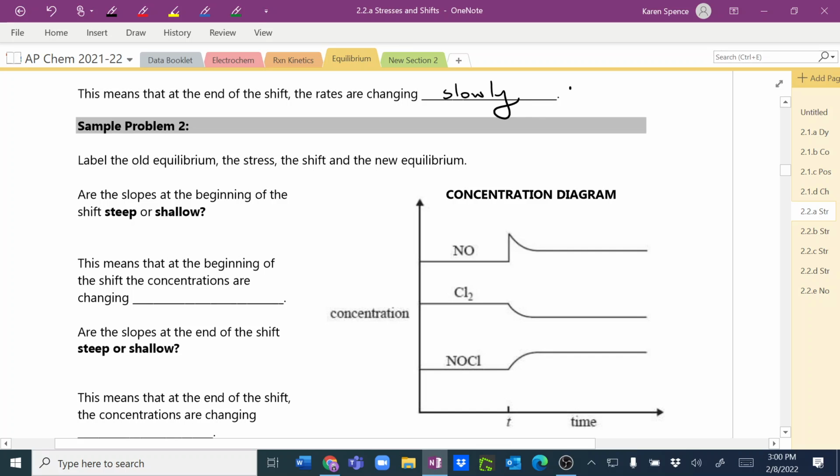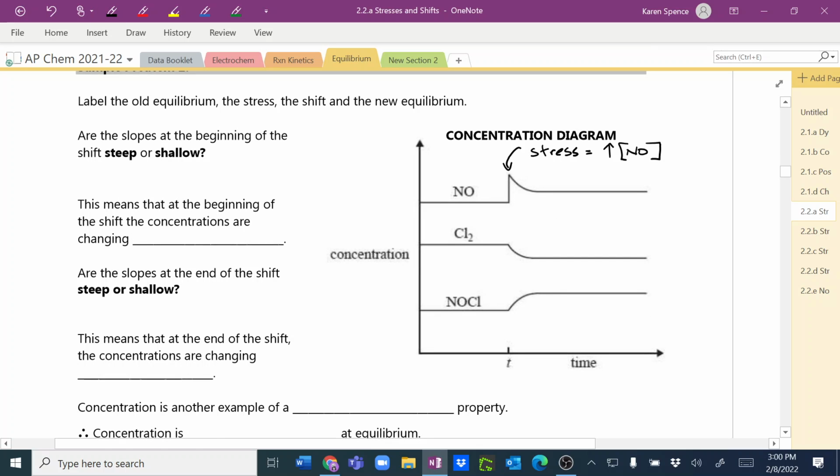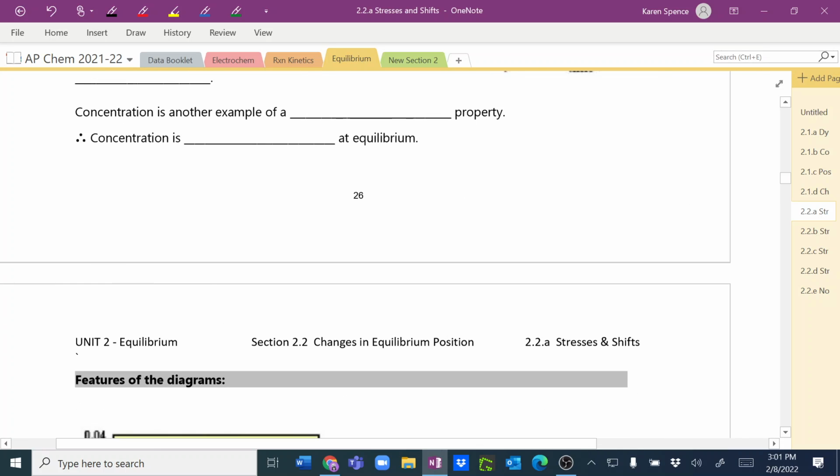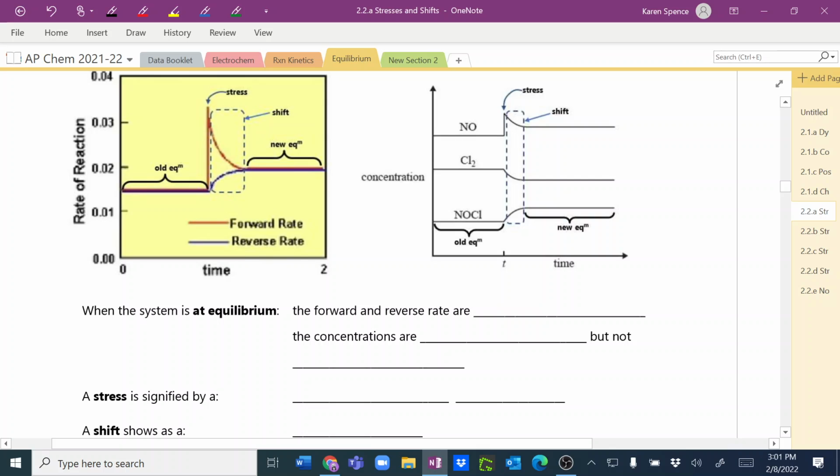Change in concentration of NO, not just a change, but specifically an increase in the concentration of NO. So there's our stress. And do we need to go through the steep, shallow nonsense? Or can we skip it? Skip it? Excellent, good. Moving along.